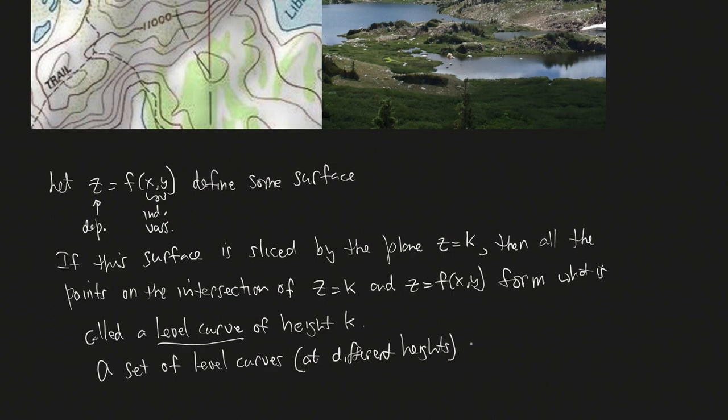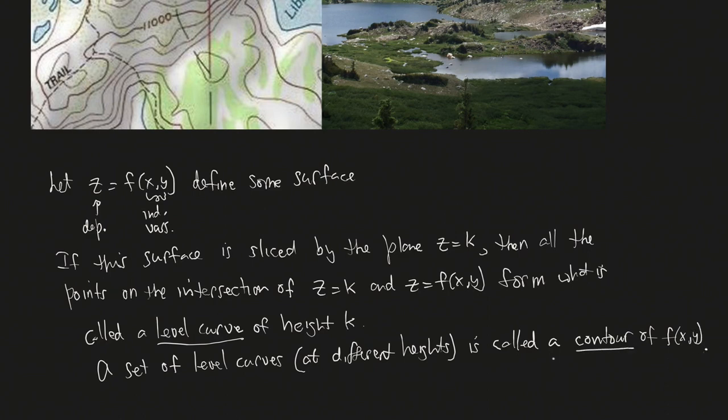When you have a bunch of them like we see in our topographic map, that set is called a contour map, or just a contour. So a contour of the surface, so of f of x, y, right?